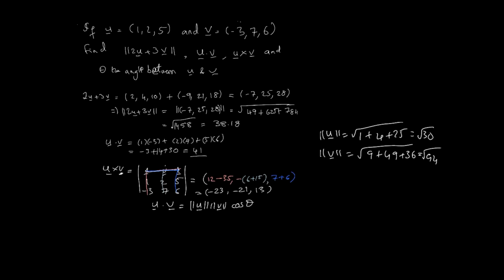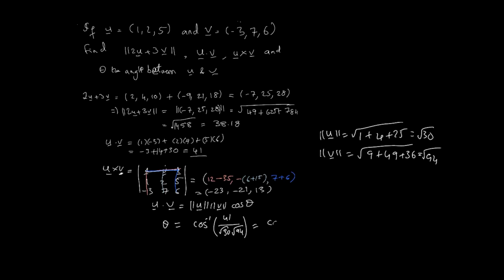And that means all we have then is theta is cosine inverse of u dot v, which is already calculated, and it is 41 divided by the square root of 30 times the square root of 94.